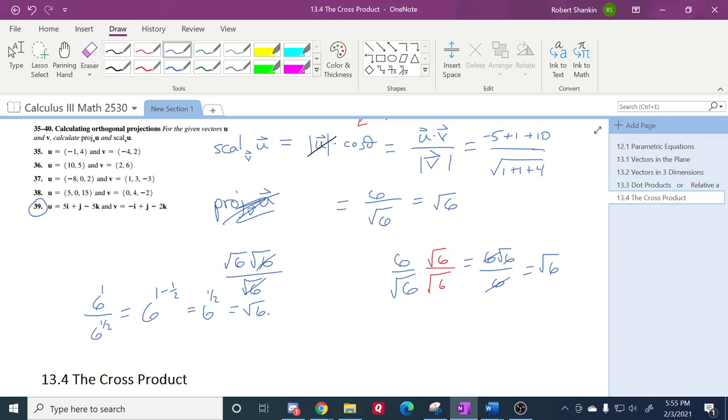You can think of the projection vector as having two components, the direction and the magnitude. The direction is the same as u, and the magnitude is the scalar projection. Okay, got it. Thank you. You're welcome.